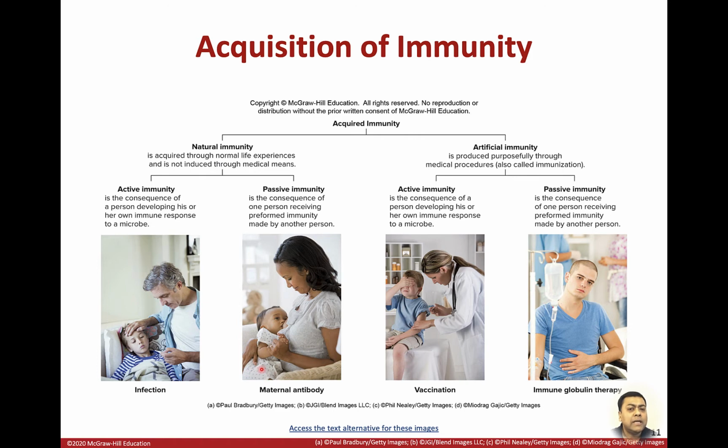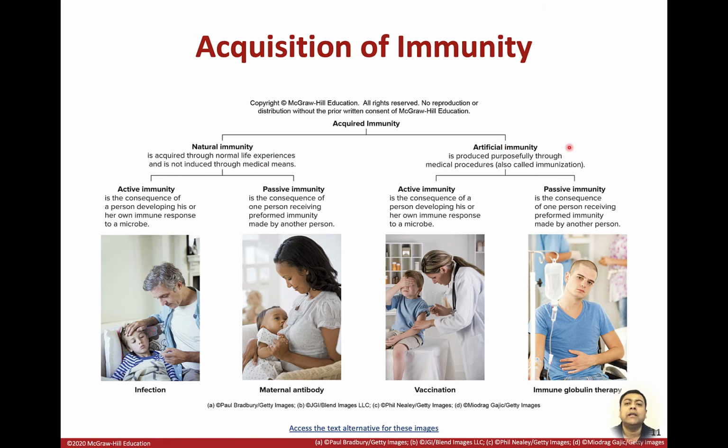So these antibodies from the mom can get absorbed into the newborn's intestine, and from those cells, without getting degraded, they can be passed into the blood or serum of the newborn. That is the passive immunity, and that will protect the newborn in the initial early months from all the different pathogens. So both of these are natural immunities.